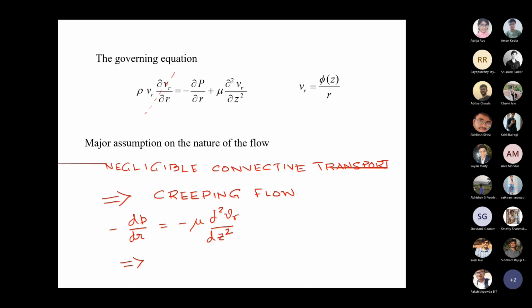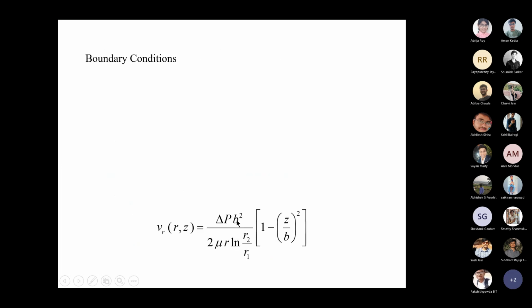That is, the pressure P equals P0 at R equals R0, and P equals P1 at R equals R1. With these two boundary conditions, you should be able to evaluate what is VR.